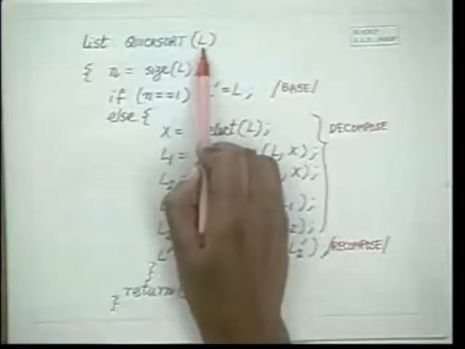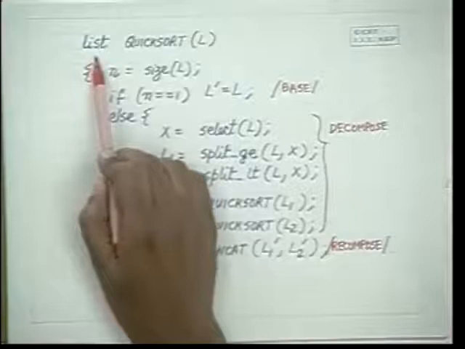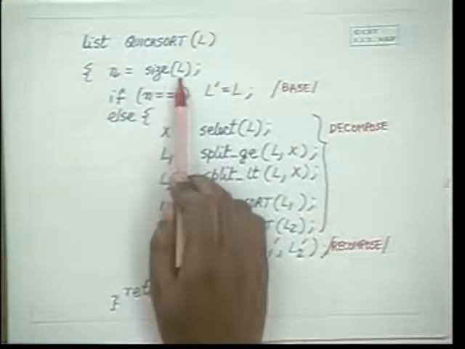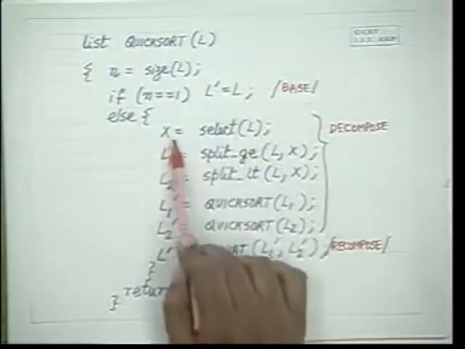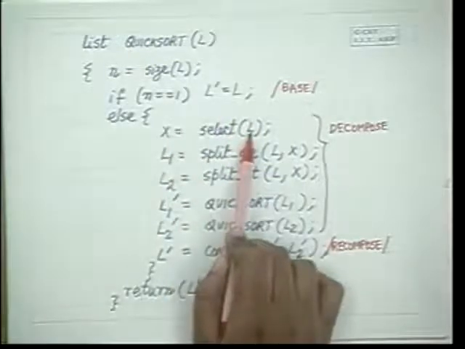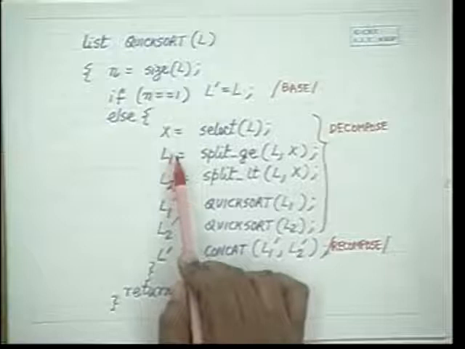The other version, which we called quicksort, was a slightly different variation. Here again the input is a list of integers, the output is a list of integers. N is the size of L. If n is equal to 1, the base condition is the same. Otherwise, we selected one element X of L and we created two lists.